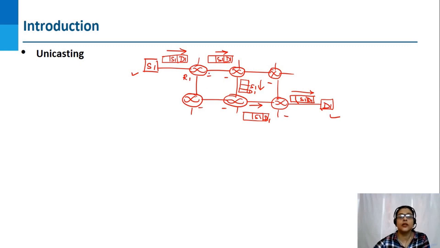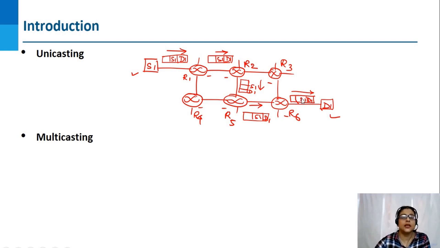From this router, after going through the optimum path, it has to go to router R2. From router R2, it goes to router R5 and then to router R6 and then to the final destination. So there is a single packet moving from the source to the destination through the optimum path.